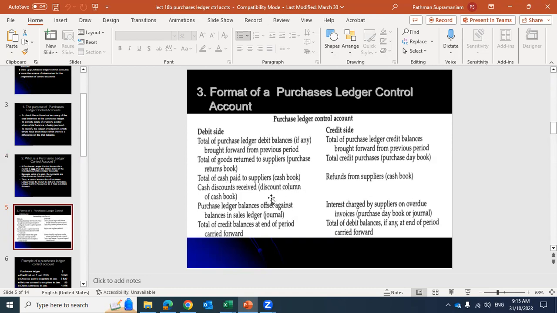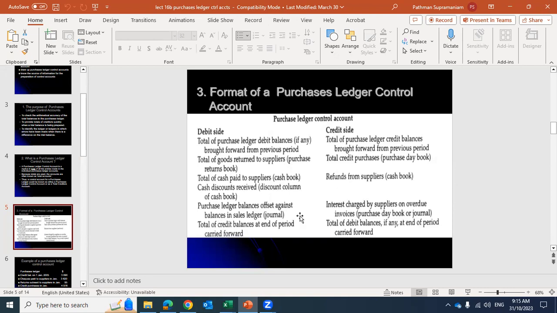Then this one refers to contra. If you recall what I taught earlier, the double entry for contra is to credit the sales ledger control and debit the purchase ledger control. Remember, contra is always a deduction. When you come to the end of the month, this figure is obtained by balancing up the account.